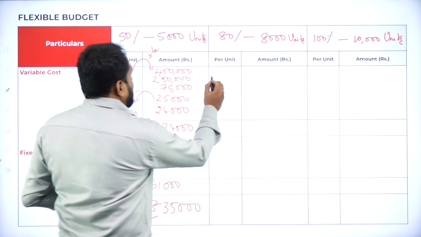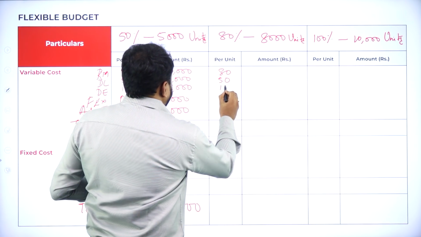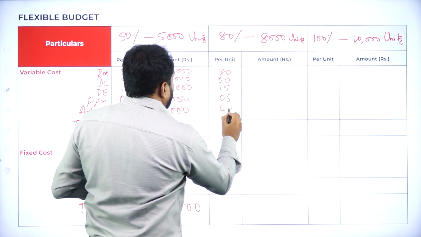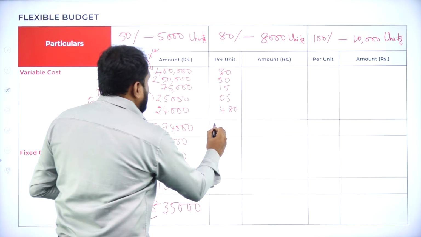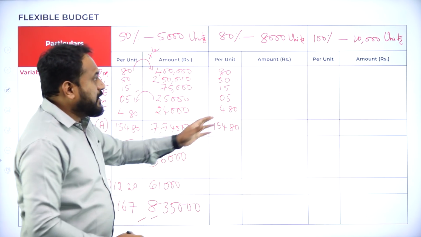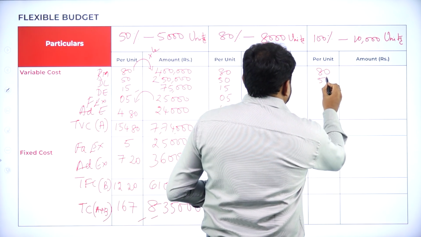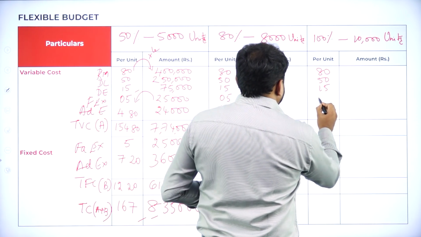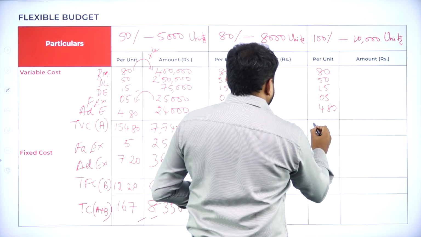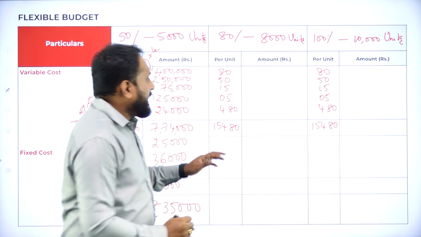So again, you are supposed to write here 80, 50, 15, then 5, then 4.80, and that is 154.80. Here also you are supposed to write the same, that is 80, 50, 15, 05, then 4.80, which is 154.80.